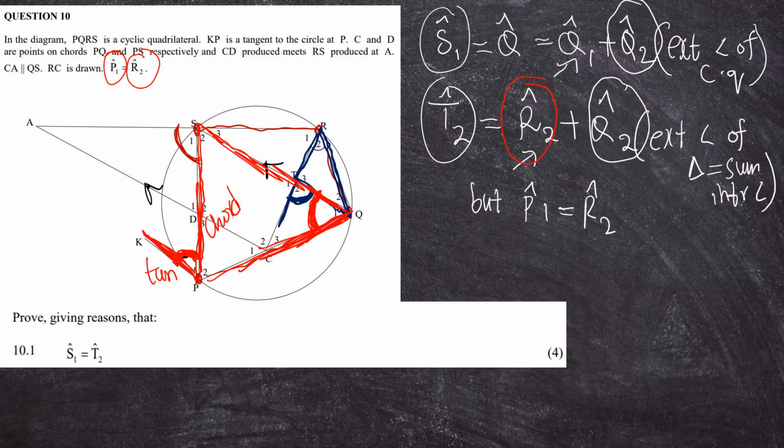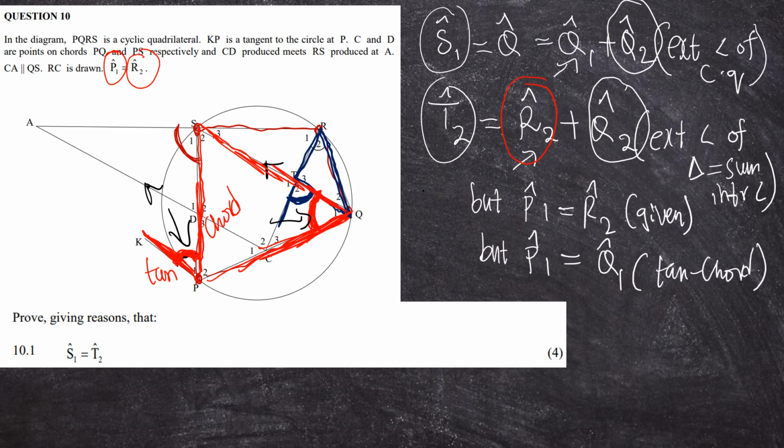We are finding that this P1 is an angle between a tangent and a chord, which is equal to the angle subtended by the two other chords on the circumference. So our P1 is the same as angle what? This was given in the information, but this one, we can say is from Tan-chord theorem. You can just say Tan-chord.